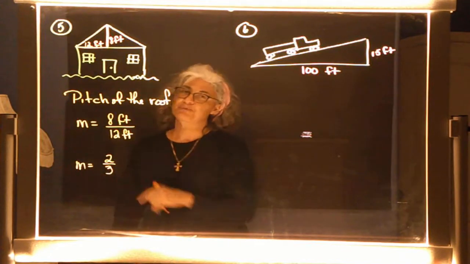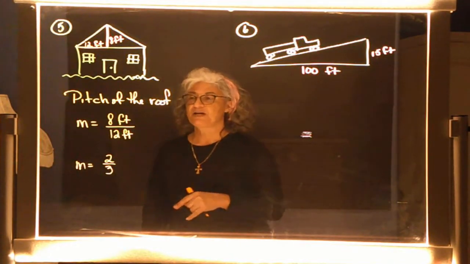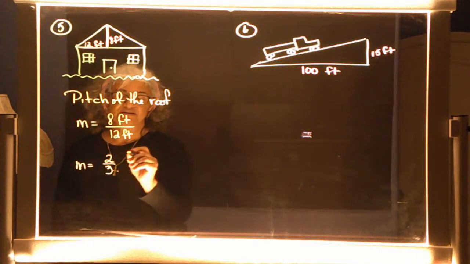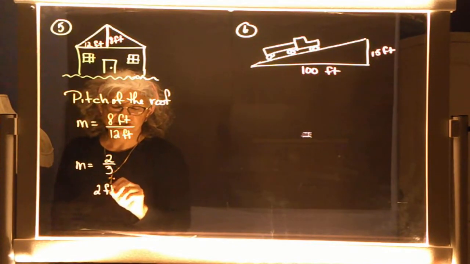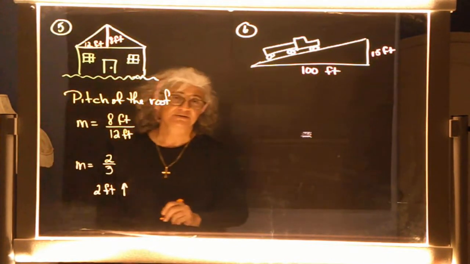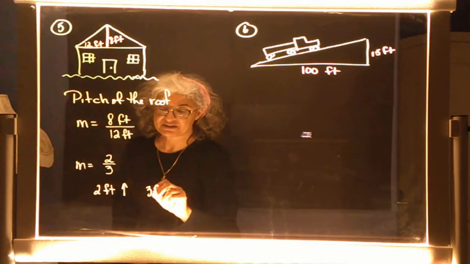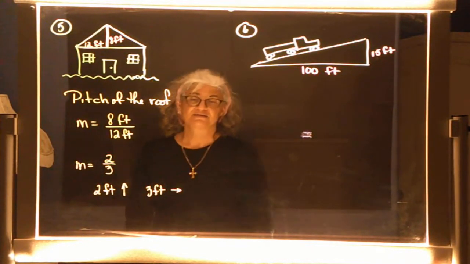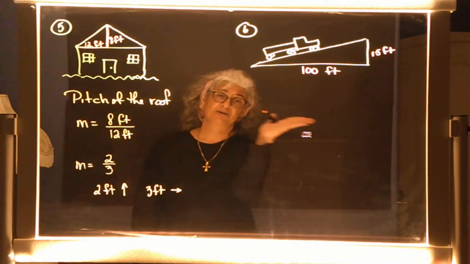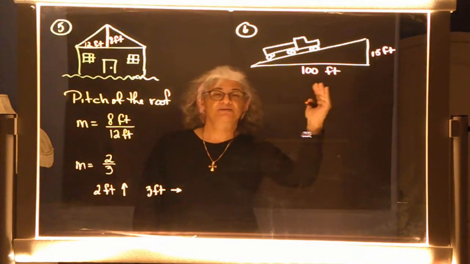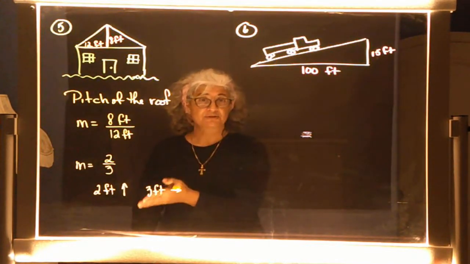Now, let's interpret this, because you're like, okay, well, what does that tell me? This is what that tells me. Remember, these are both in feet. So what this tells me is for every 2 feet that they go up, they are going to go 3 feet out to the right. They go up 2, out 3, up 2, out 3, up 2, out 3. That gives them the pitch of this roof. With me?